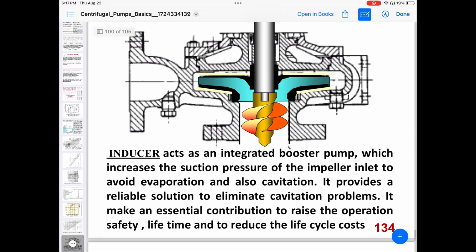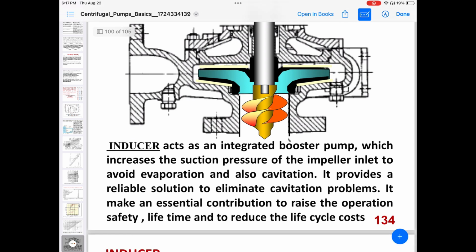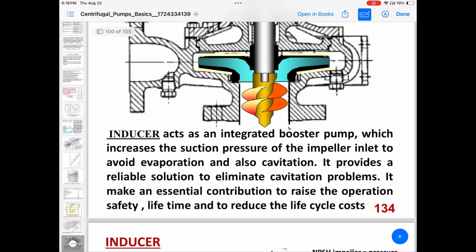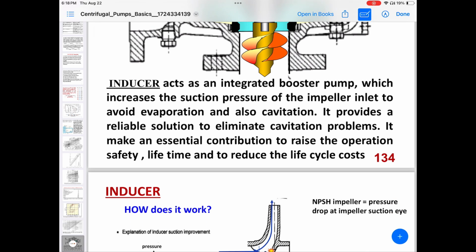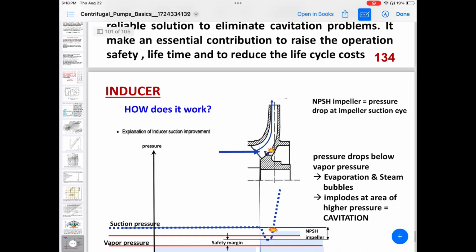And we see the inducer, an inducer booster pump, which increases the suction pressure at the impeller inlet to avoid evaporation and cavitation. It produces the possible suction and eliminates cavitation problems. It ensures against cavitation, raises operation safety, lifetime, and reduces life cycle cost.